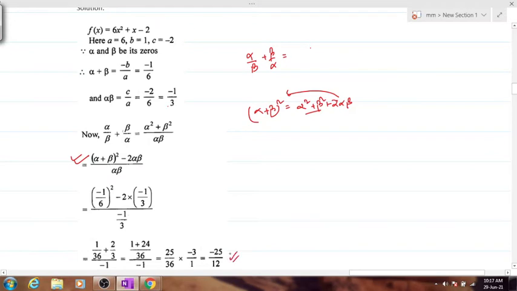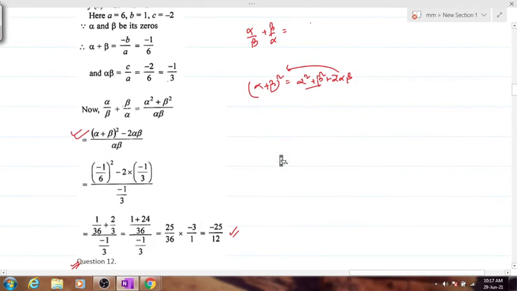Let me know when the copying part is done. Done?